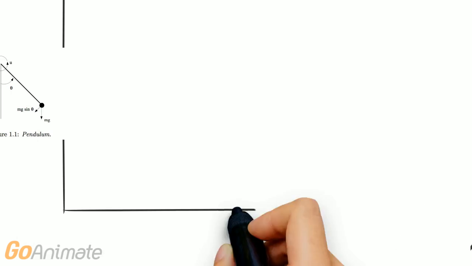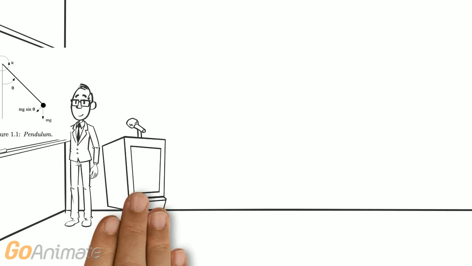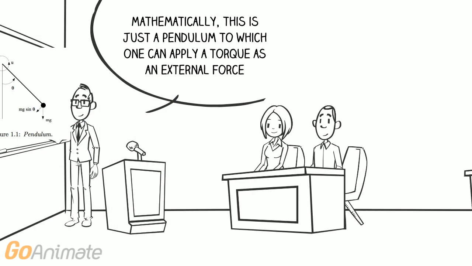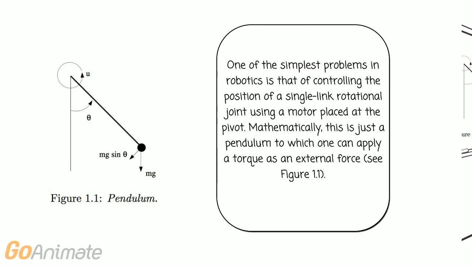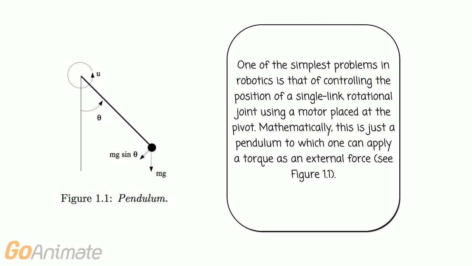Mathematically, this is just a pendulum to which one can apply a torque as an external force. One of the simplest problems in robotics is that of controlling the position of a single link rotational joint using a motor placed at the pivot.